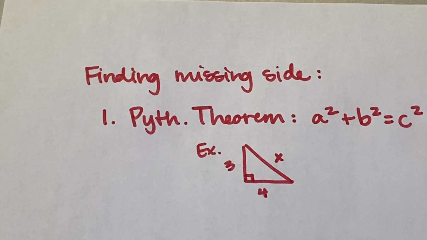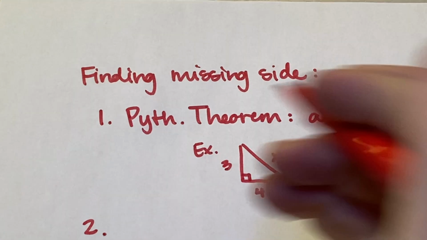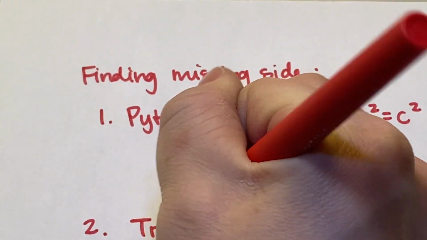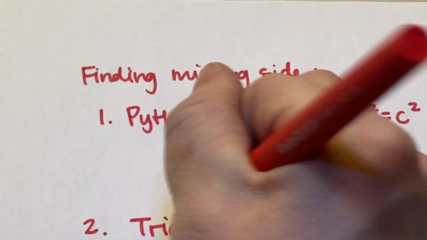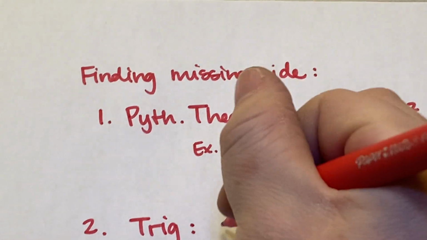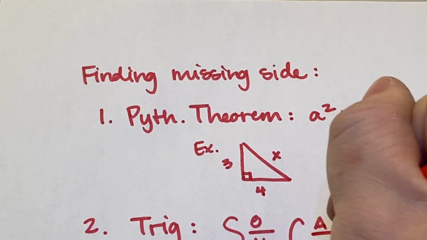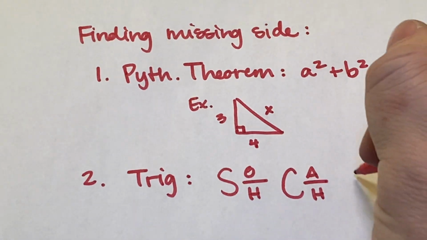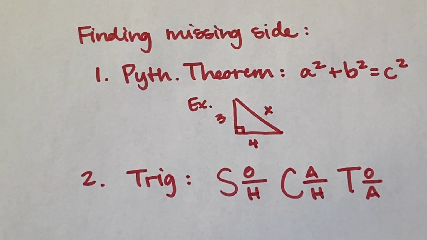Okay, the second way we can find a missing side of a right triangle is, we'll just call it trig, short for trigonometry. Remember your trigonometric ratios? SOH CAH TOA.